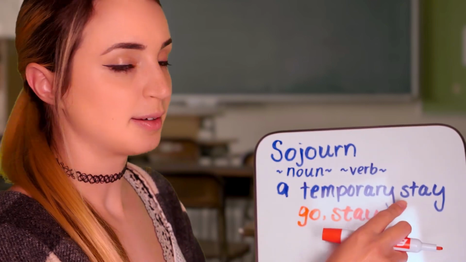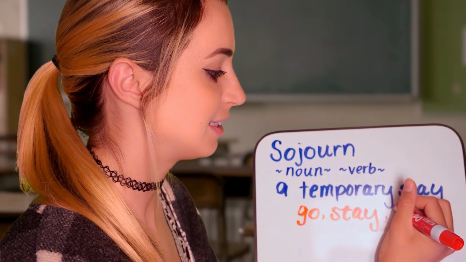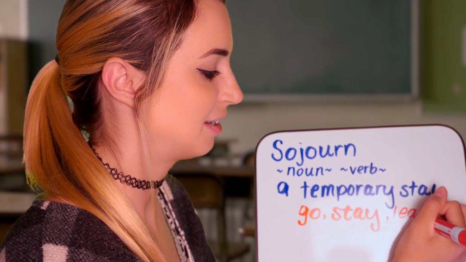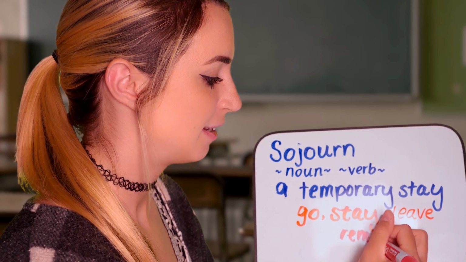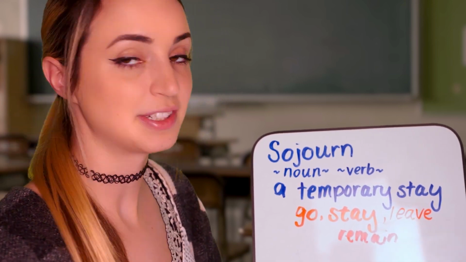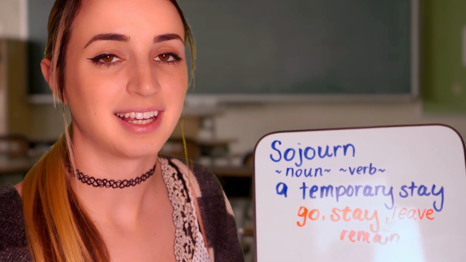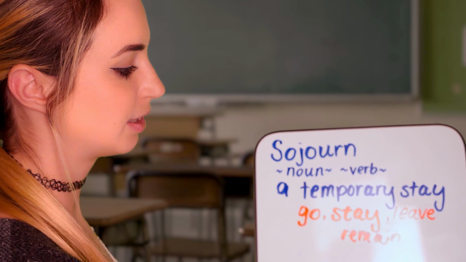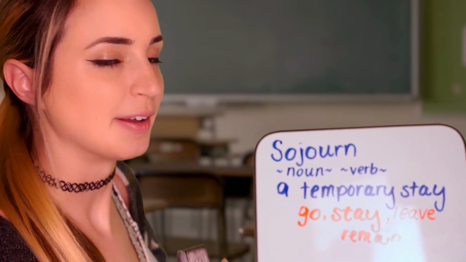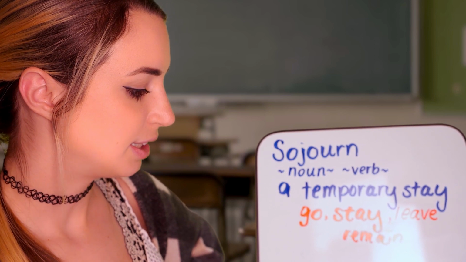Because it's a temporary stay, to leave, to go, could be an antonym because they're not staying. Or to stay, to remain, would imply a long period of time. So that could also be an antonym. I can see why you're having trouble with that. You can pick either one. Remain might be your best bet if you're having trouble thinking of them.